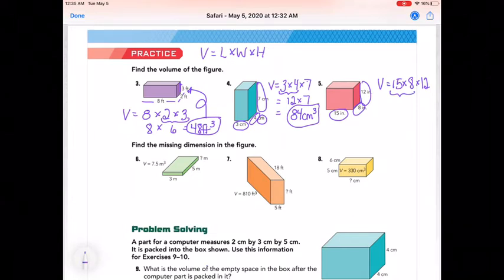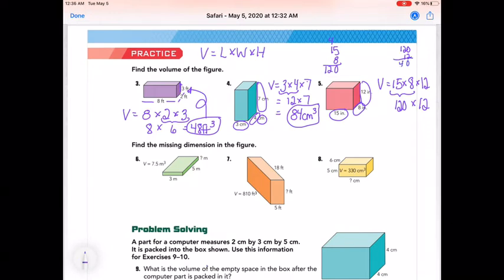15 times 8. Well, I don't know my 15s table, so you're going to have to do the work. 15 times 8, 8, 12, is 120. And we've still got this 12 over here. So now you've got 120 times 12.